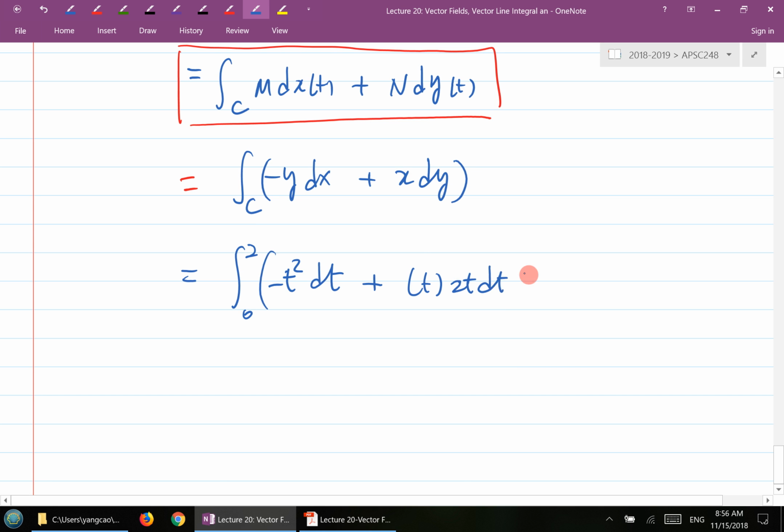Okay, so that's everything in here for this integration. Everything is in terms of t now, and you can do the integration. Combining things together first, and you get 8 over 3 for this vector line integral.